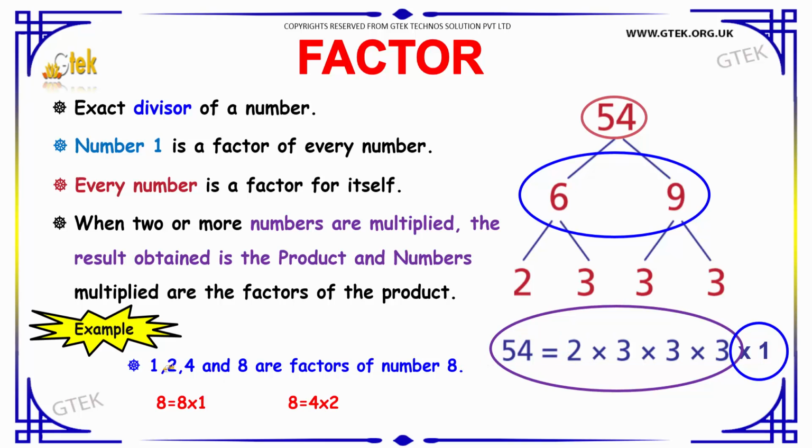For example, 1, 2, 4 and 8 are the factors of the number 8. That is, 8 can be obtained by multiplying 8 and 1, 4 and 2.